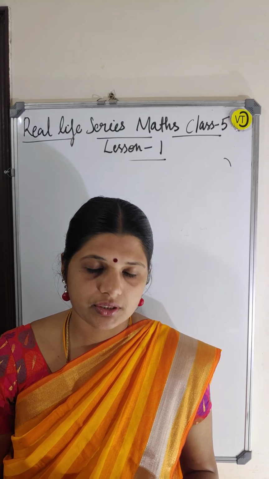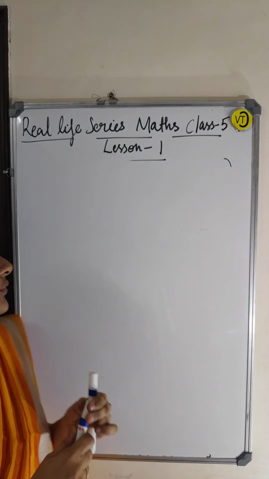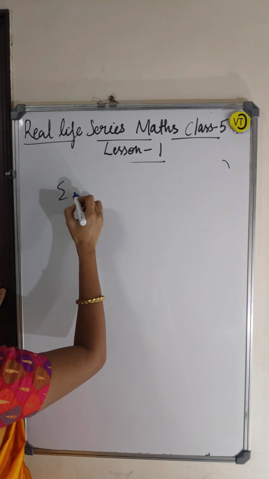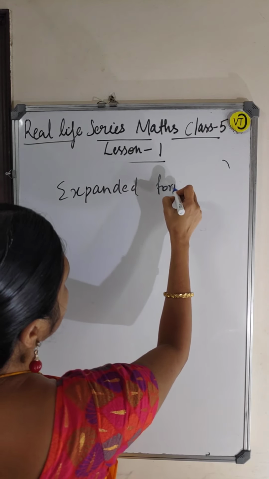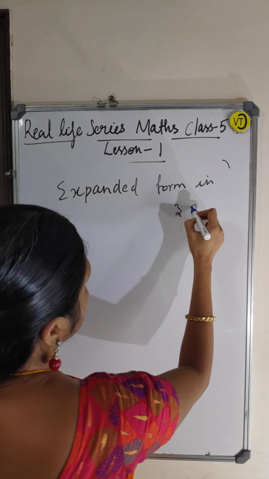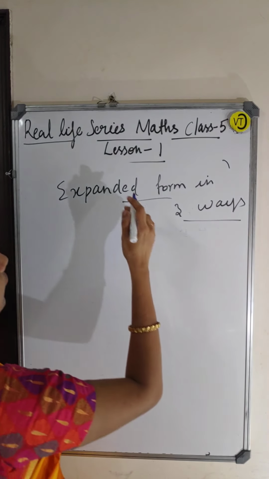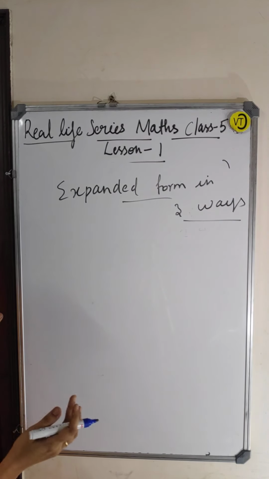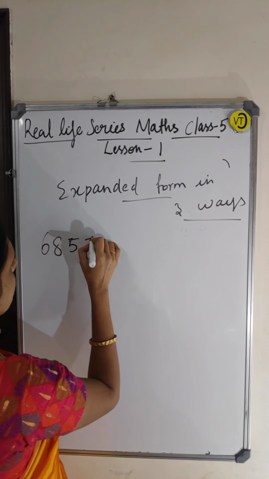Then expansion of numbers. Expanded form you have in three ways. Once again, I will show how to write that in three ways. The number I am giving you is 6, 8, 5, 7, 1.